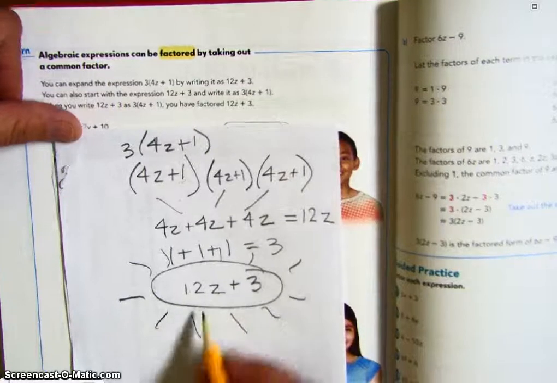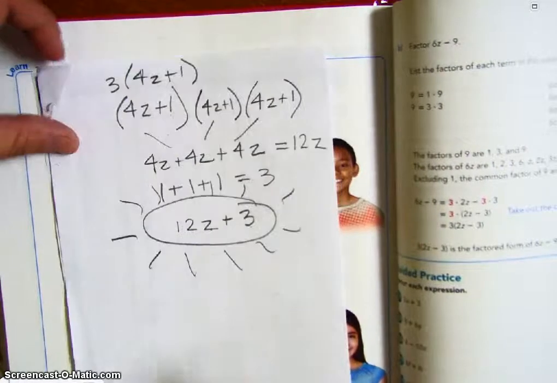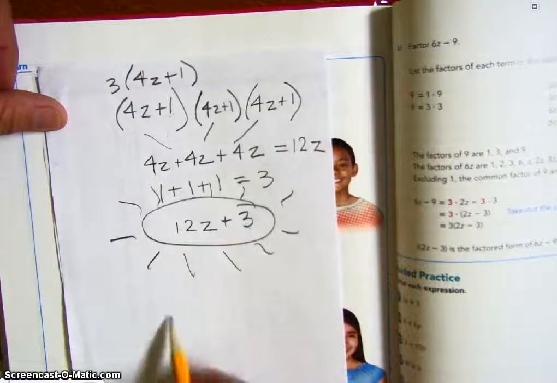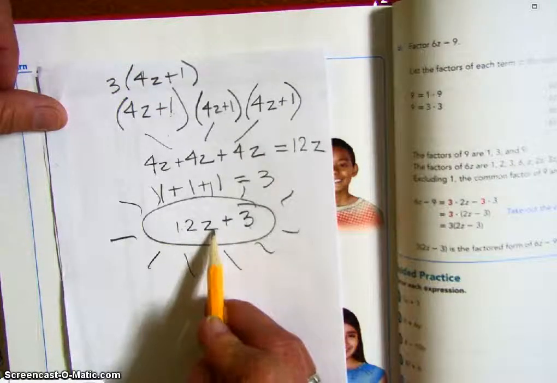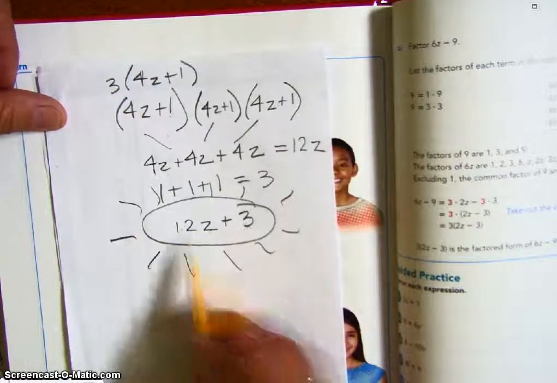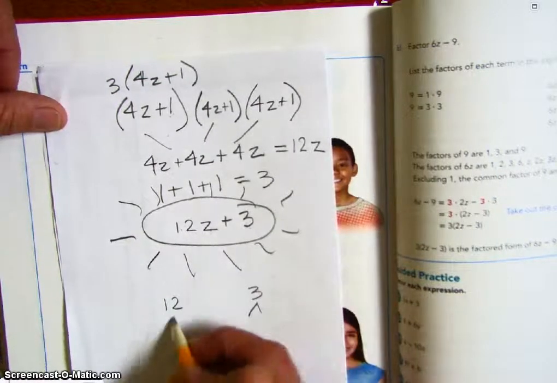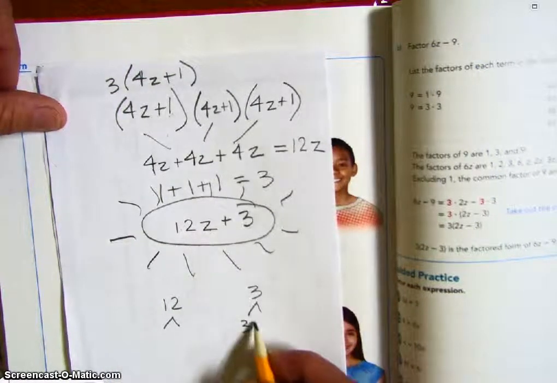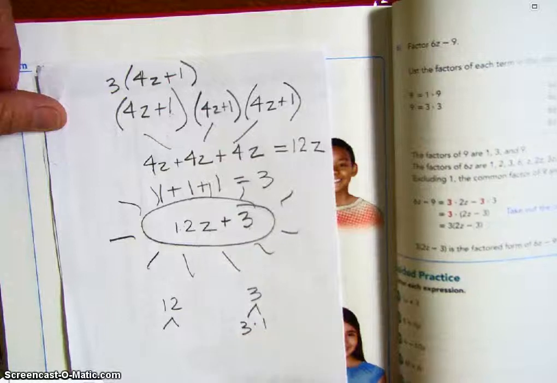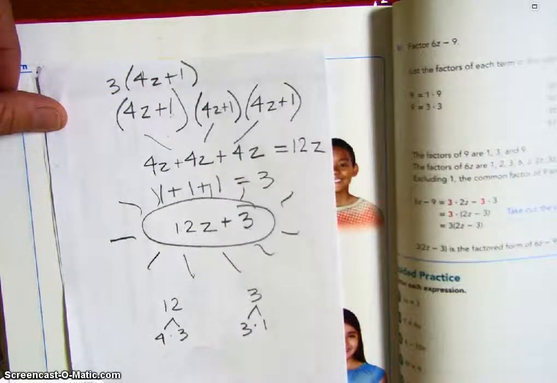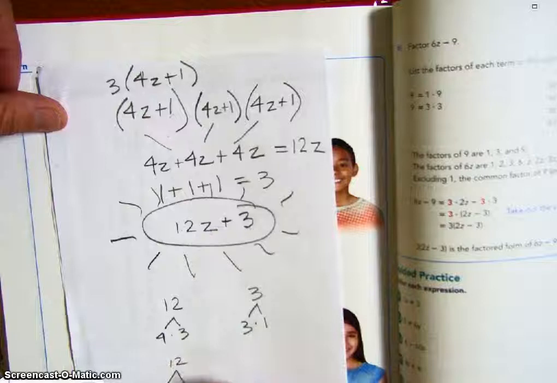So we're going to say, okay, because I don't know what z is, I can only work with the numbers right here. And then when I write my answer, I need to make sure I include my z. So for a common factor of 12 and 3, 3 is just 3 and 1, right? 12 could be 4 and 3. Or it could also be 12 and 1.